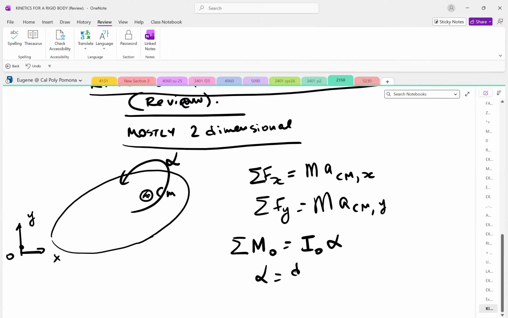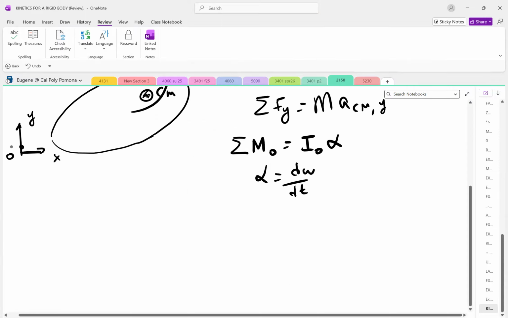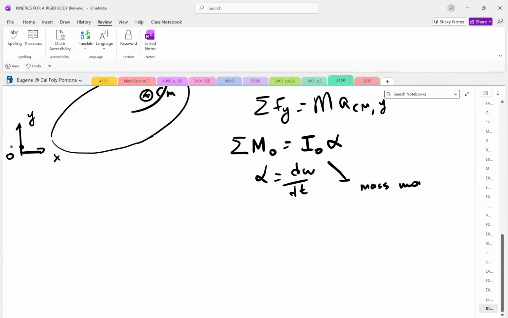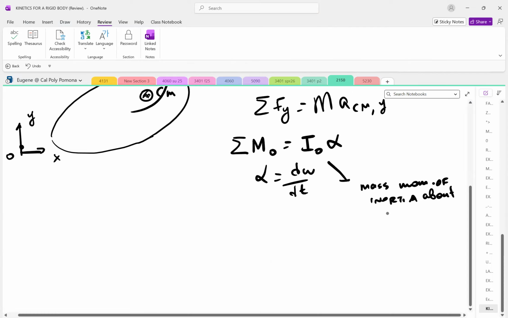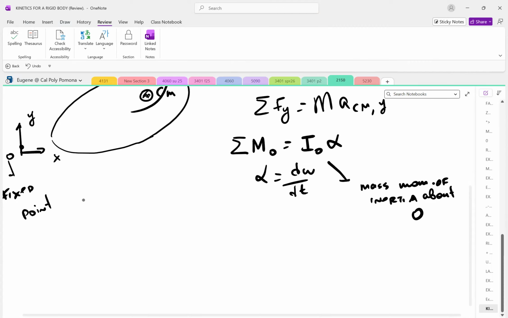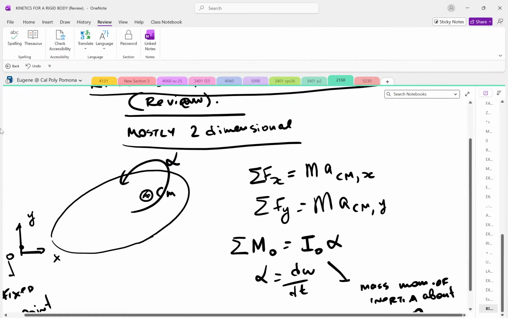Alpha equals d omega over dt. I sub O is the mass moment of inertia about O. O is a fixed point. That's version 1.